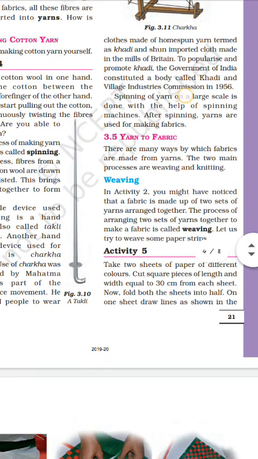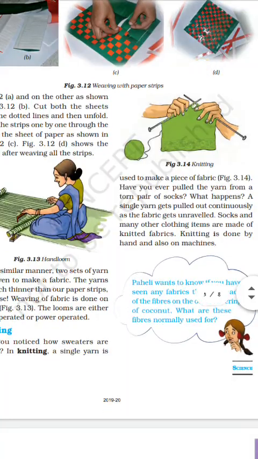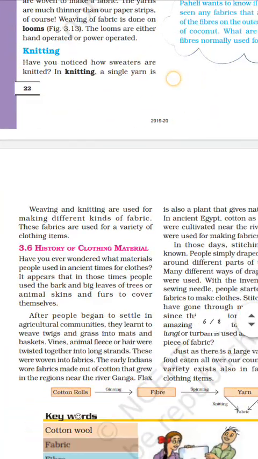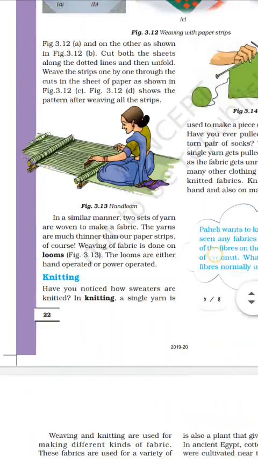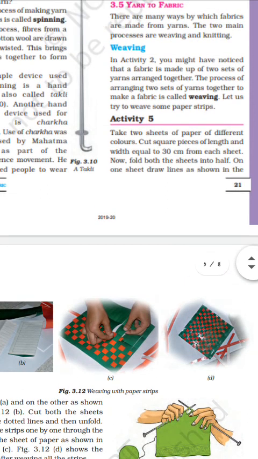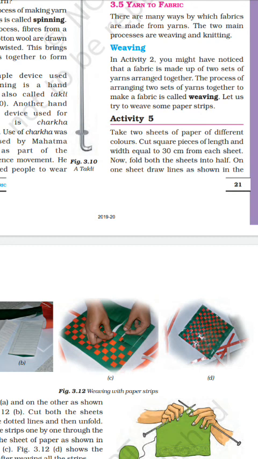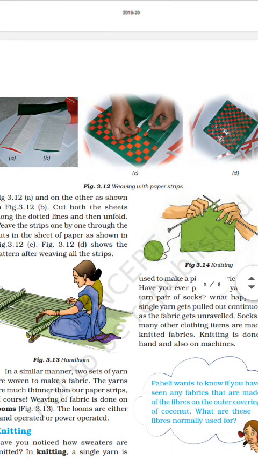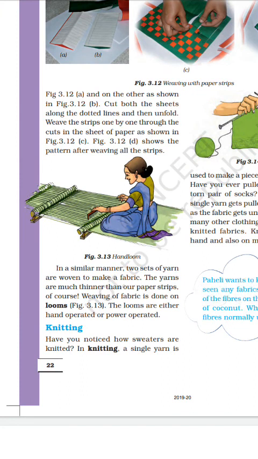Now if we see how we make fabric from yarn, there are two processes, which are weaving and knitting. Weaving means taking two sets of yarn together and making a piece of fabric, and knitting is taking one yarn and making a piece of fabric.